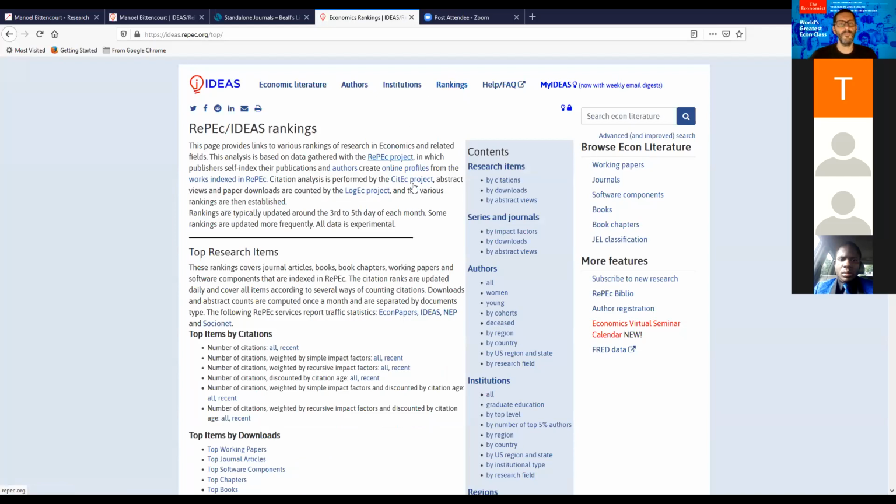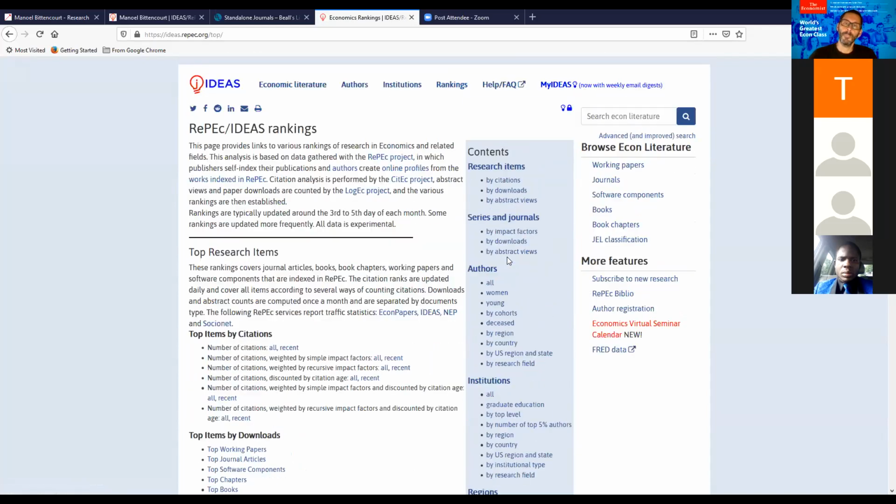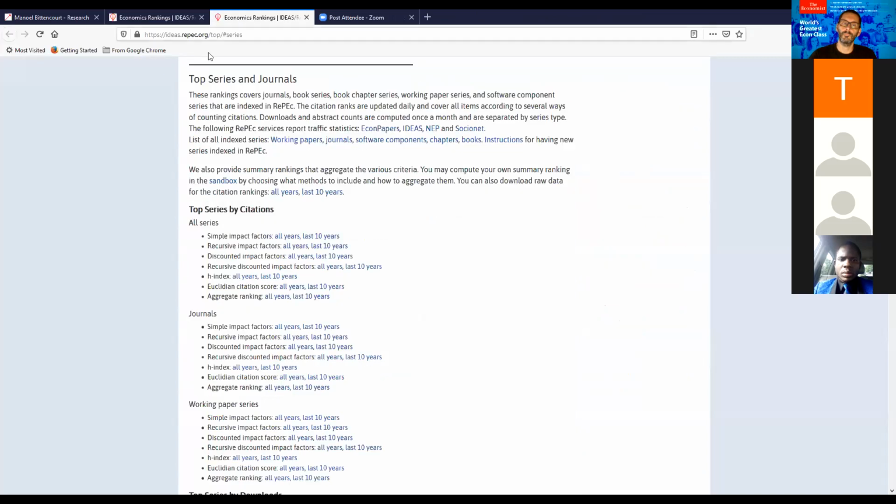And in here you can have all sorts of rankings: by citation, by downloads, series and journals, by impact factors, authors, institutions, right? Shall we take a look at journals? Let's take a look at journals first, all years.